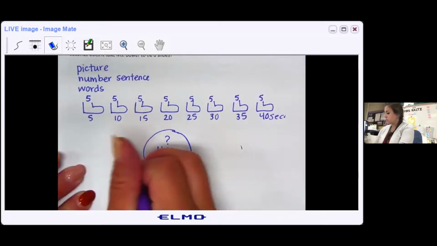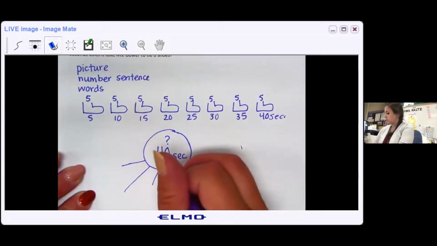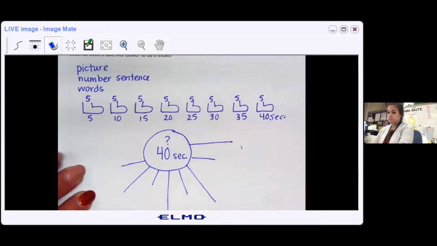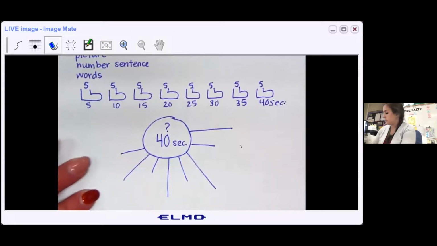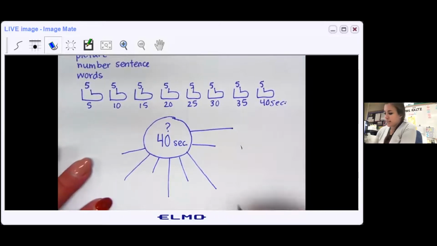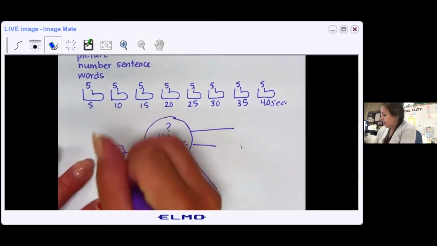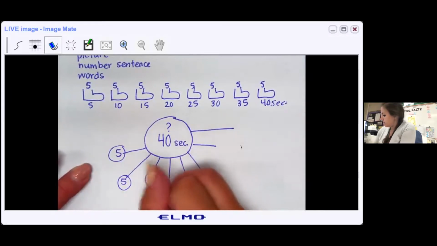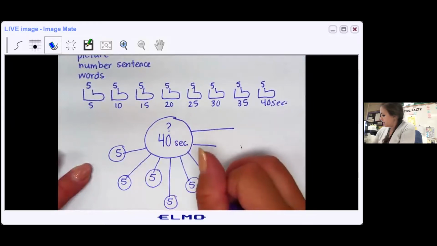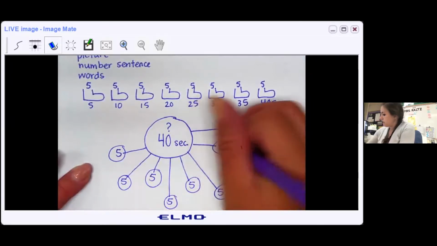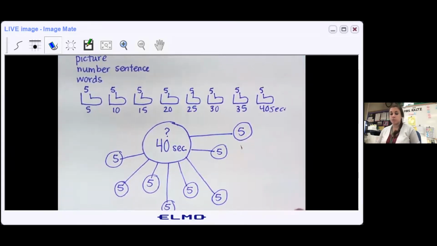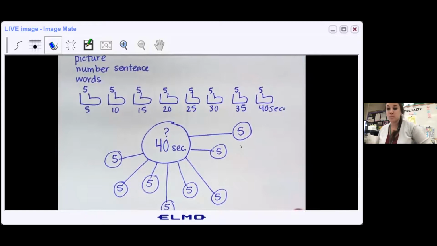So there were 8 shoes. And then they each take 5 seconds. Okay, so there are 2 different pictures you could have done. You could have done a tape diagram, equal groups. You could have done an array.